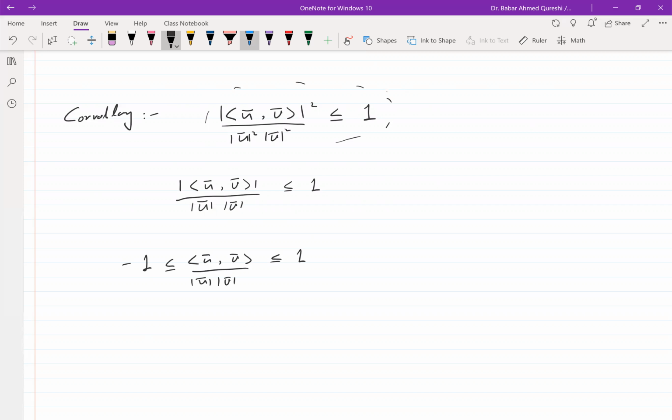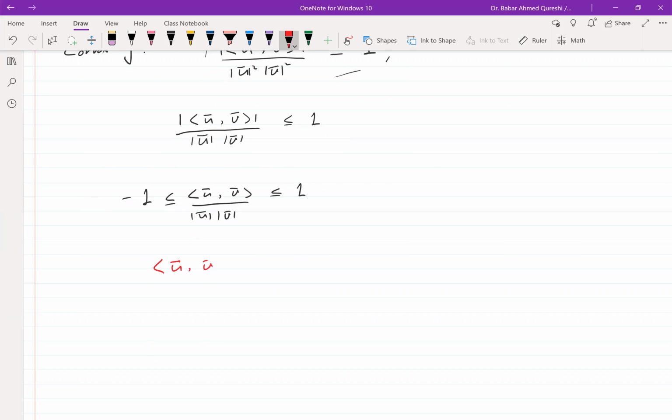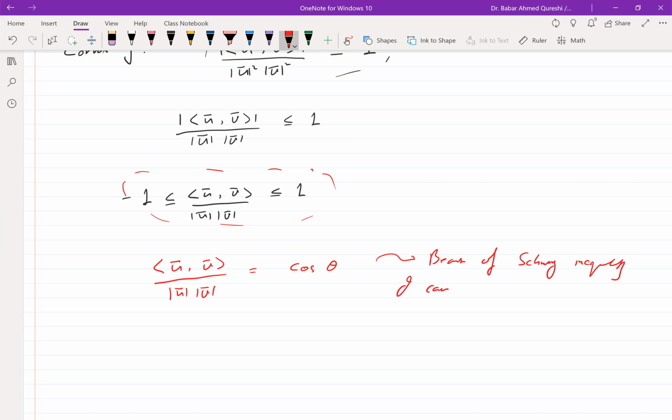If this thing is between +1 and -1, I can parameterize it. I can put it equal to something which takes values between +1 and -1, some function, and I can call it cosine theta. So because of this property, because of Schwarz inequality, I can define an angle. So this is the definition.